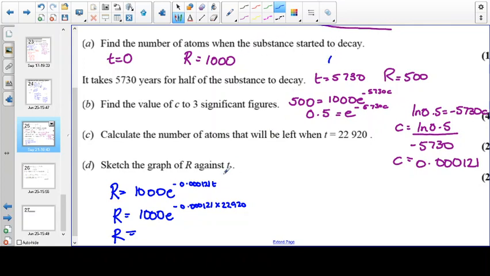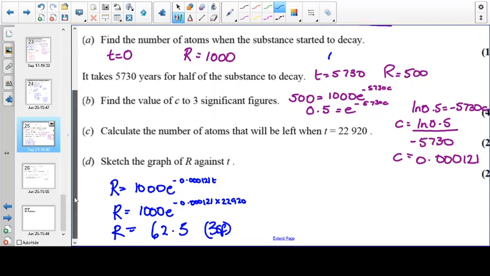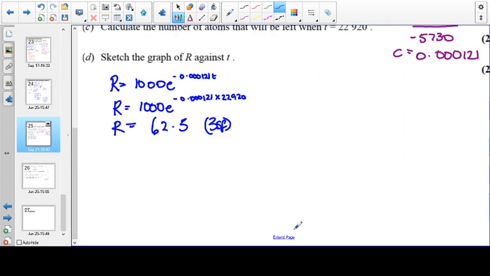The number of atoms that will be left is 62.5. So I'm just going to leave that to three significant figures. If you wanted to, you could round it to the nearest whole number, to the nearest integer.